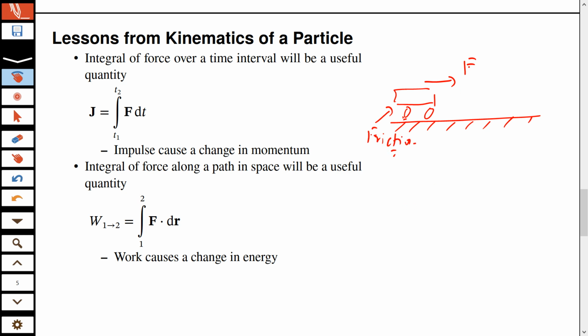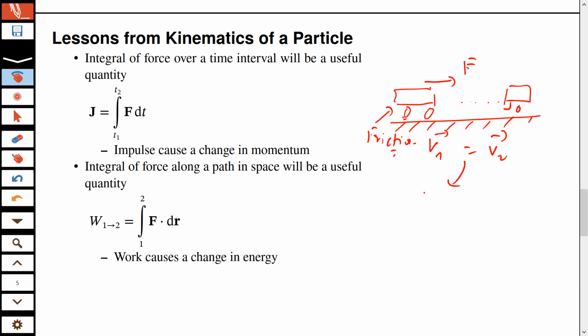And this force is balancing the friction. So when the force balances the kinetic friction, the object will move, but with a constant velocity. So v1 will equal v2.